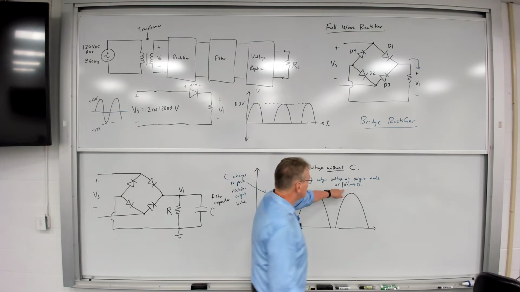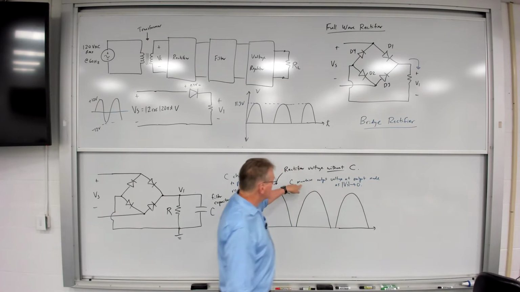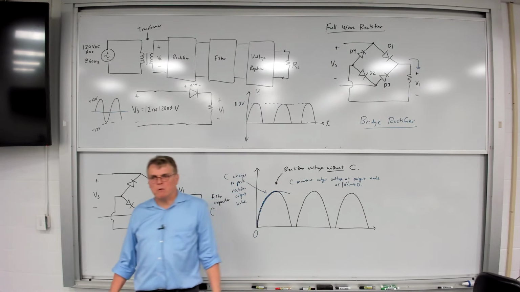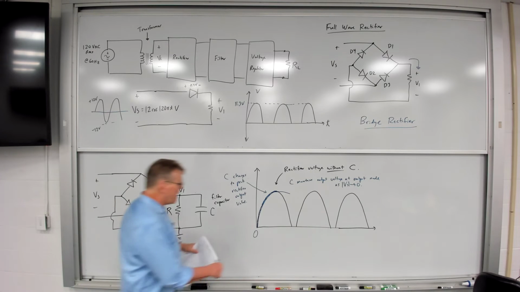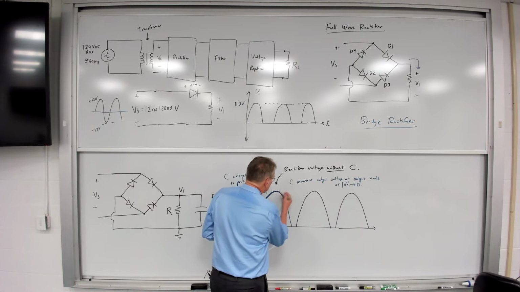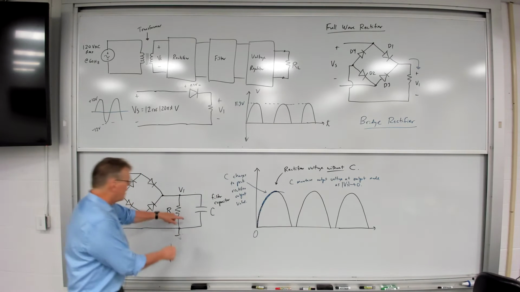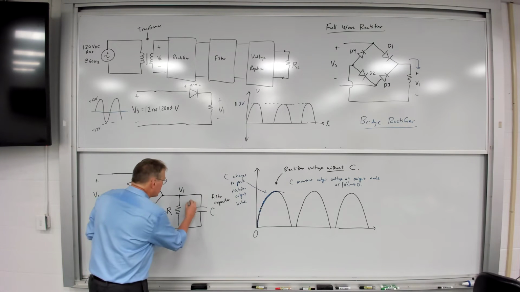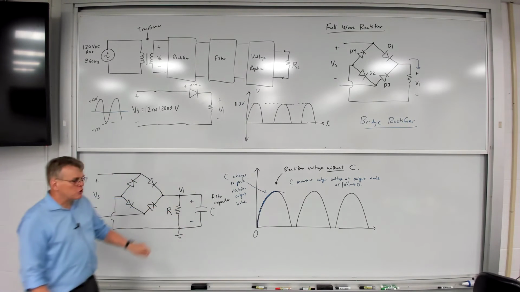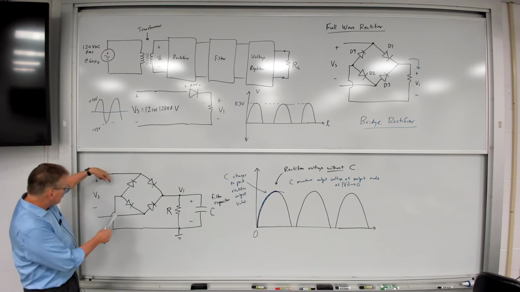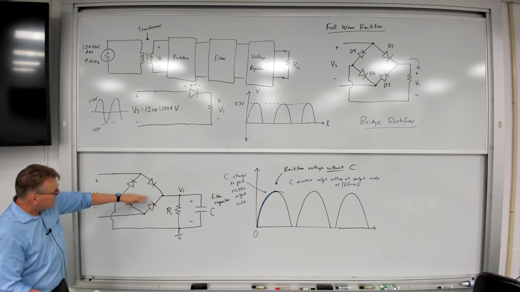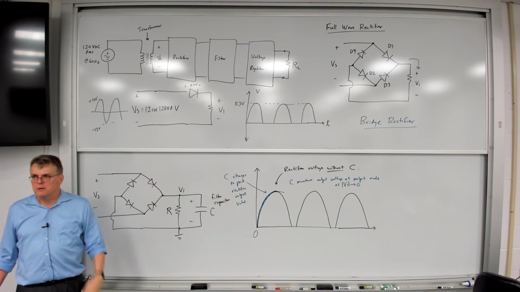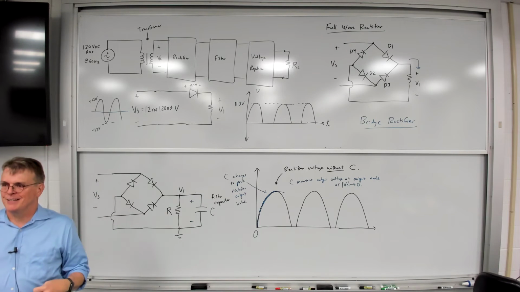so as the magnitude of Vs drops to 0, C is going to maintain the output voltage at that output node. But it's not going to be a perfectly stable voltage. Once the voltage across Vs starts to decline in magnitude, all of the diodes will shut off because all the diodes will be reverse biased.